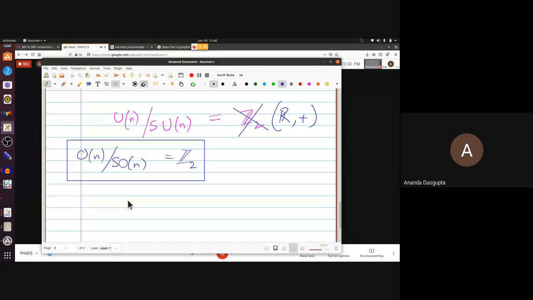For the SON thing, we had 1 and -1, but this has a continuous thing, e to the power i delta, where delta is continuous. So all of them are elements of this UN. In that sense I feel it should be R, but I don't know about plus.